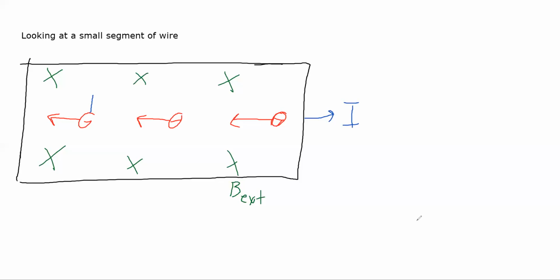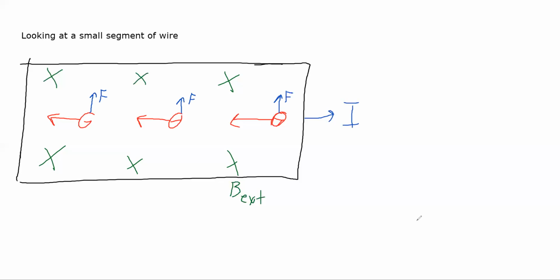So we get a force going up. You know, something strange is happening here. Okay, I guess I just drew it wrong in my notes. All right, so we'll stick with what I have here.